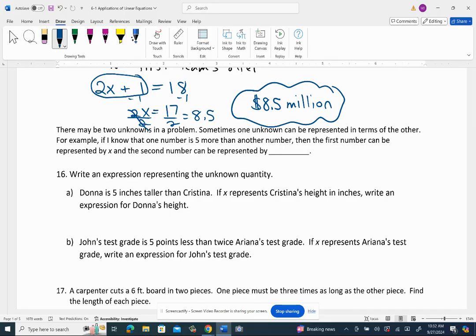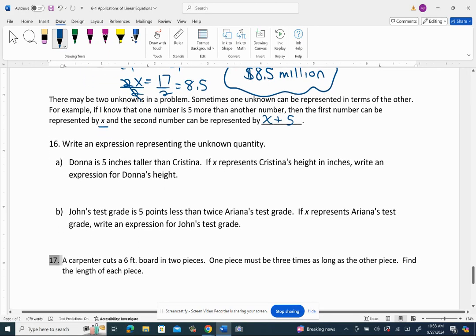Okay. So the example I put here is, if you know that one number is 5 more than another number, and we let the first number be x, then the second number could be represented by x plus 5, because it's 5 more than that first number. Right, and that's kind of what's going on in 16a. So we have 2 quantities. We have Donna's height and Christina's height. Right?